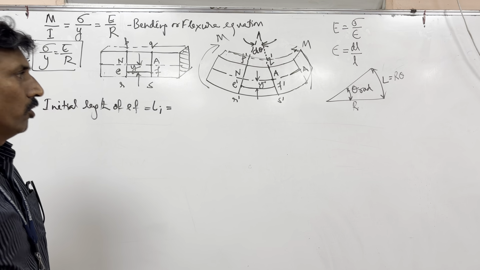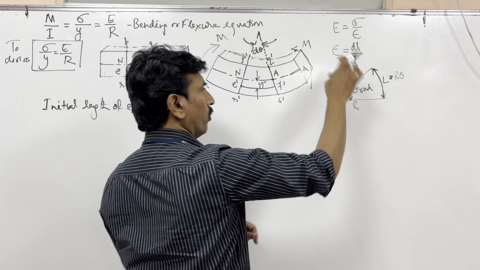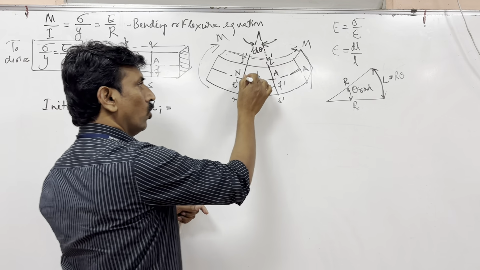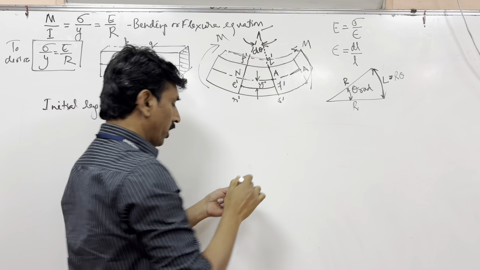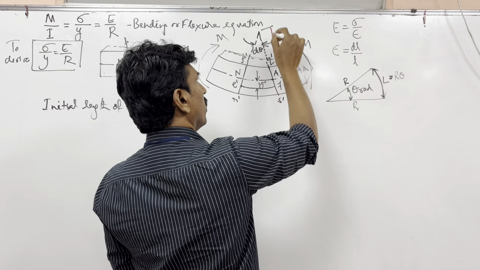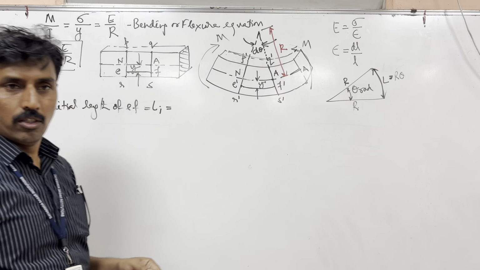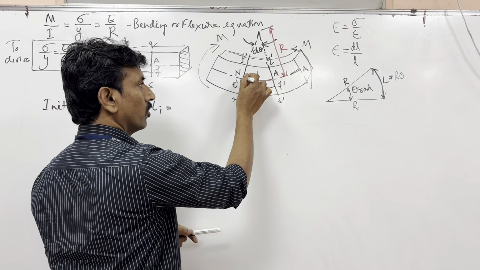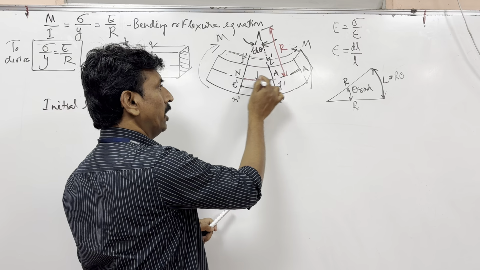Now, this length L, you got it in terms of radius R into theta. Now, can you tell what is this length along NA? Suppose I call this the radius of curvature R, then what is this length from N to A?